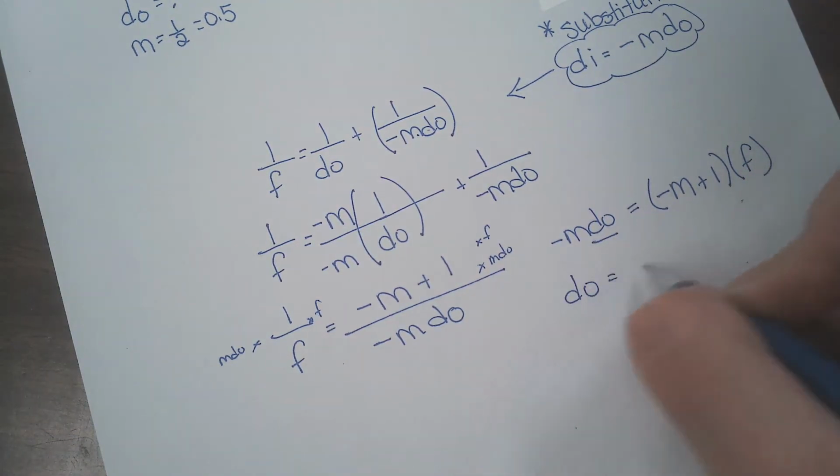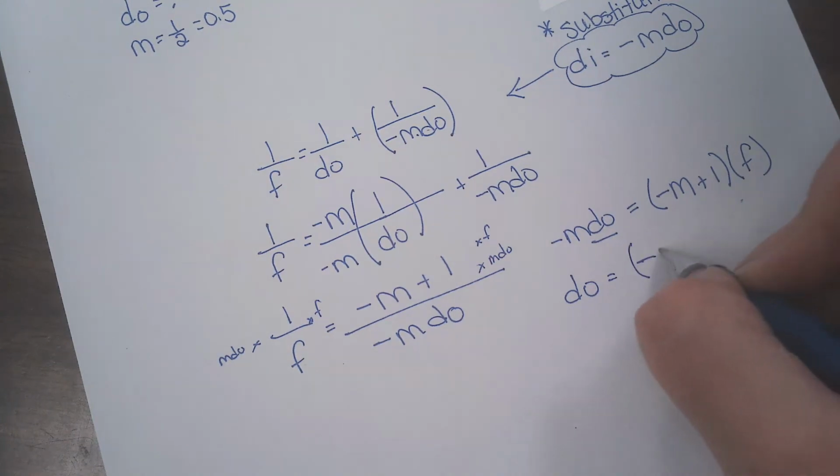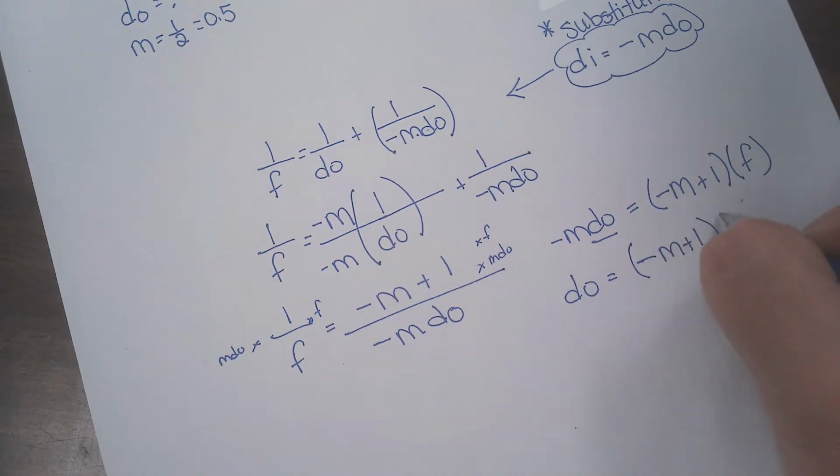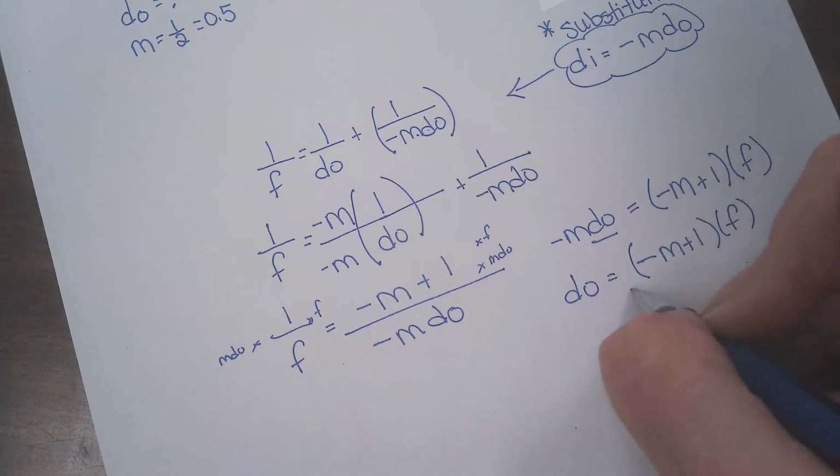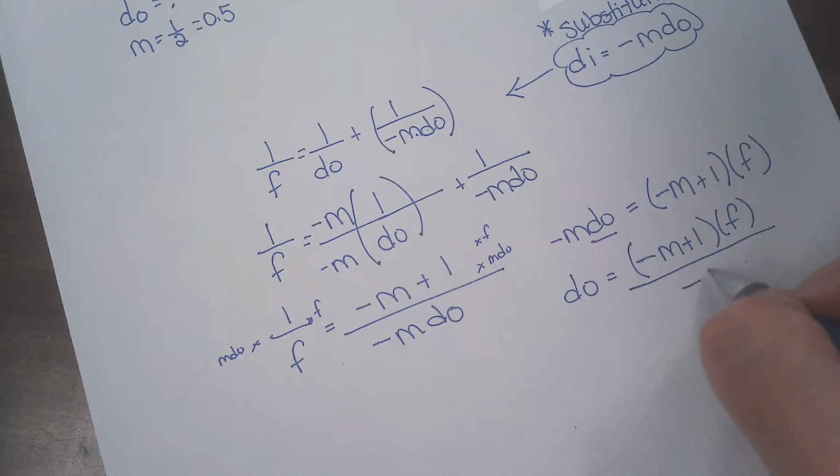DO is going to be equal to negative M plus 1 times F, all divided by negative M.